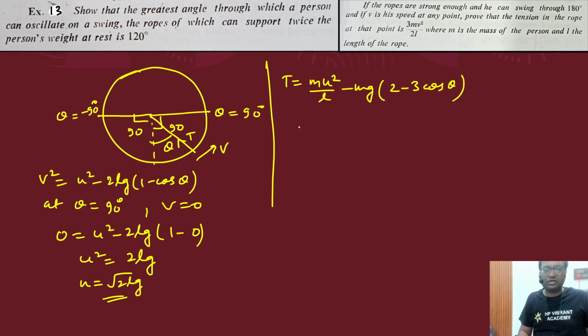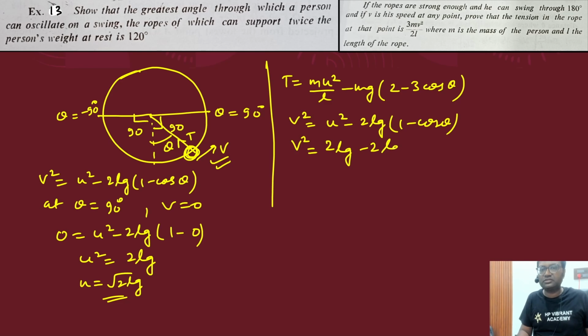Okay, so now we have the velocity at this point. The velocity is equal to initial velocity u square minus 2 lg 1 minus cos theta. Okay, so we have v square is equal to, initial velocity is 2 lg, so 2 lg minus 2 lg plus 2 lg cos theta.